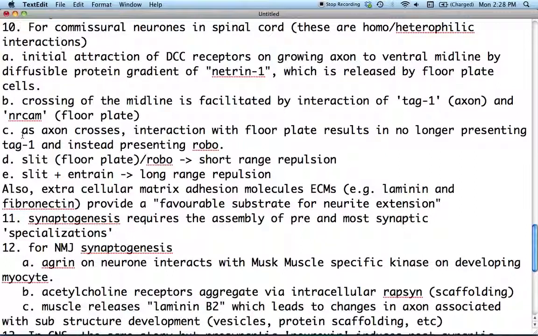Well, the gene that codes for it is DCC. It's also called the receptor itself, we're just going to call it DCC. On the growing axon, it's attracted to the ventral midline by a diffusible protein gradient of netrin-1, which is released by the floor plate cells.